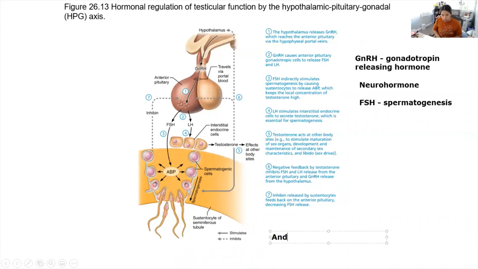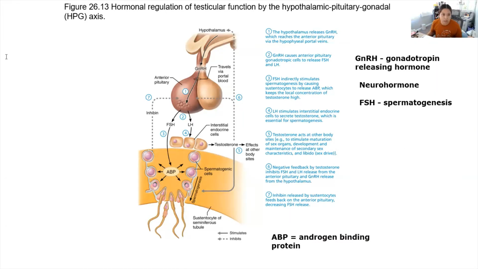Remember, testosterone is a type of androgen. And that androgen binding protein, what it does, it keeps concentrations or the amount of testosterone high in this area in order to promote spermatogenesis.